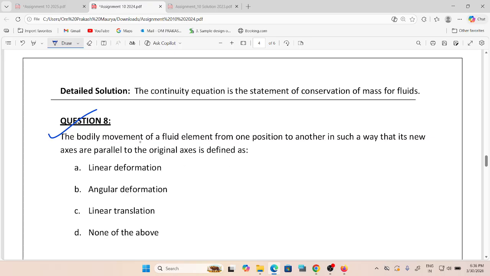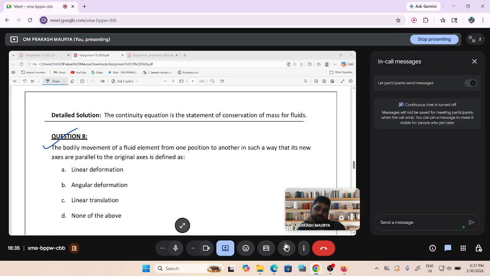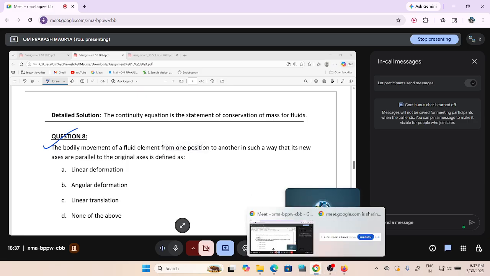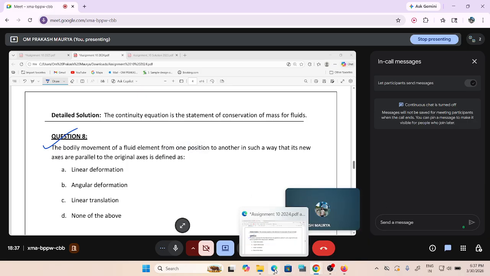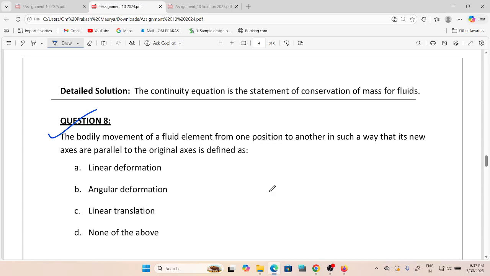Here, a body movement of fluid element. Okay, let me just close the video. Maybe sometimes due to the video you may face a glitch.